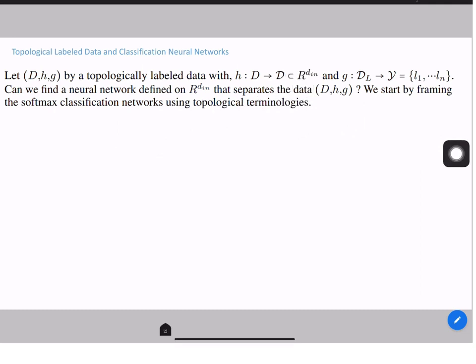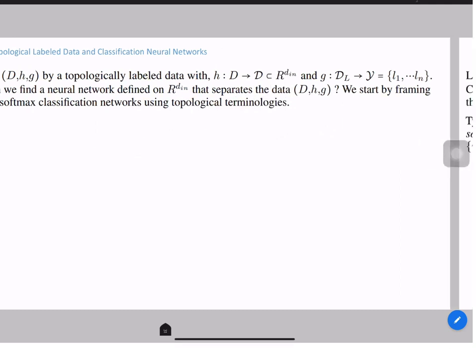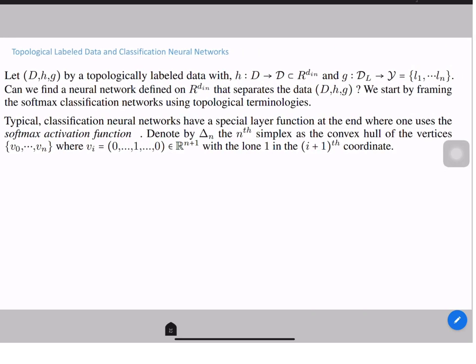So we start by framing the softmax classification neural network using topological terminology. Let me introduce what softmax classification neural networks are. A softmax classification neural network is not very different from a ReLU neural network, except that it has a special function at the end called the softmax activation function.